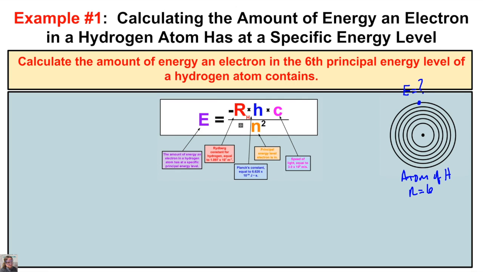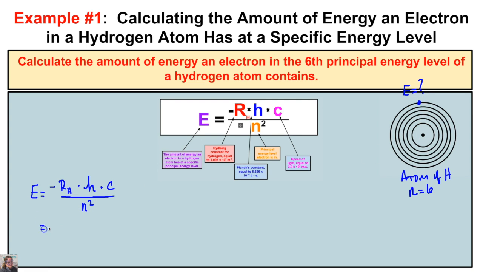Well, how can we figure this out? We can use this formula right here. E, the energy of this electron in the sixth principal energy level, is going to equal negative R, which is the Rydberg constant for hydrogen, times Planck's constant, times the speed of light, all divided by n squared, where n is the principal energy level that this electron is in.